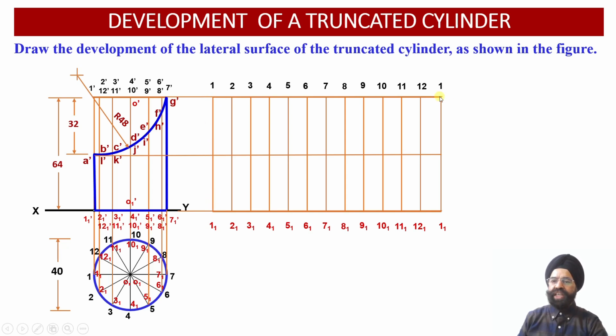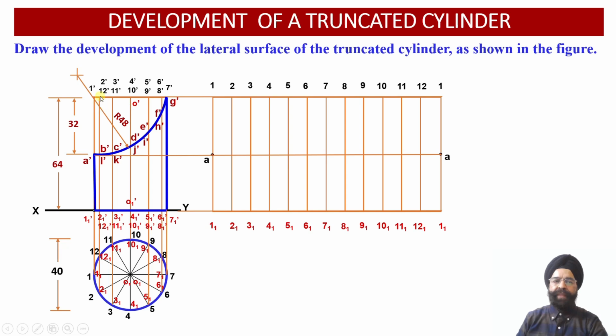Similarly onto this generator also, 1 and 1 1. So the point of intersection which we have obtained in the front view projection has been transferred over here. So now the point A has been obtained in the lateral surface development view over here.